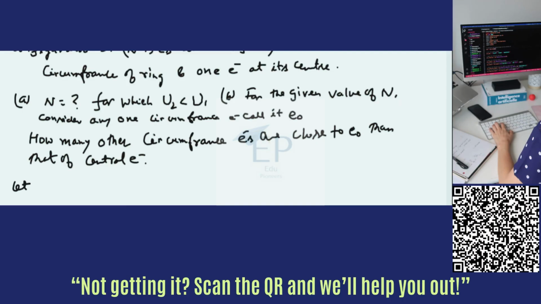Let we have a system of E naught, E1 and En electrons.